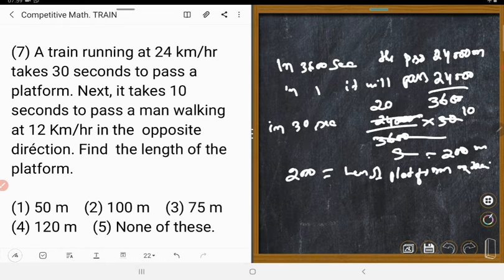So the length of the train is 100, so the length of the platform is 100. Could you understand? What is asked? Find the length of the platform. So the length of the platform is 100 meter. How many meter? 100 meter.